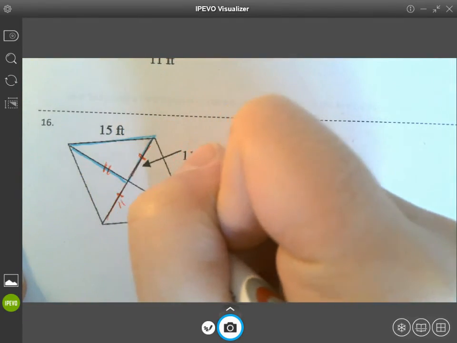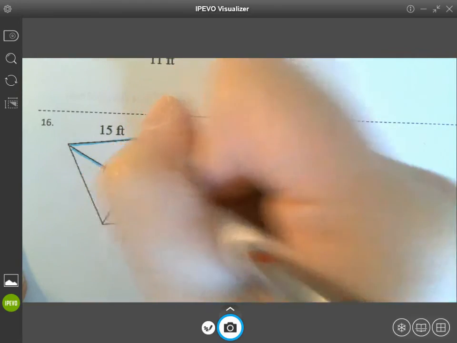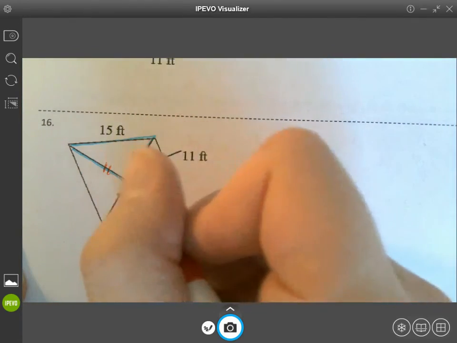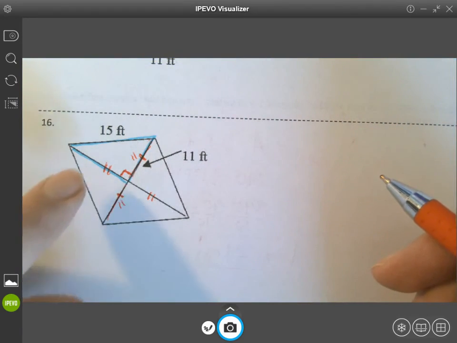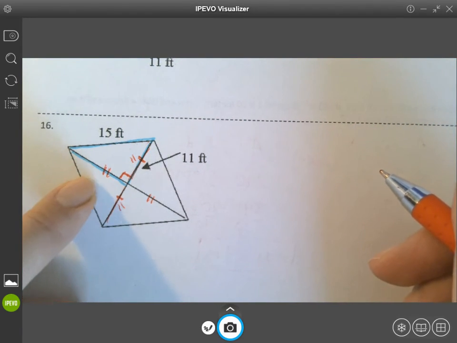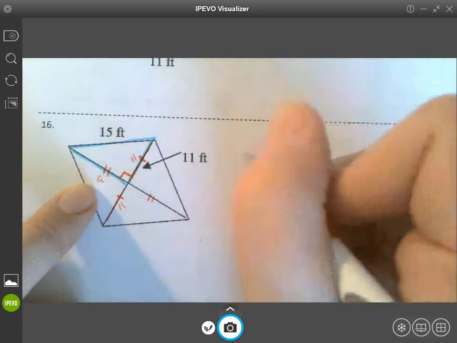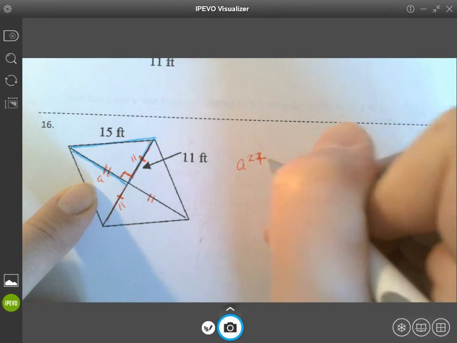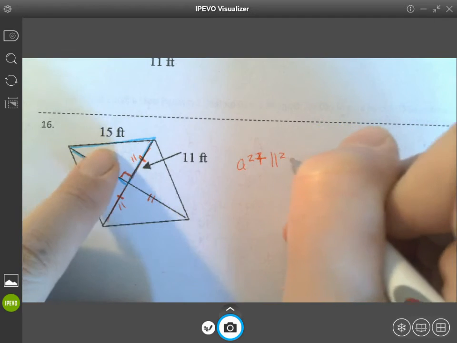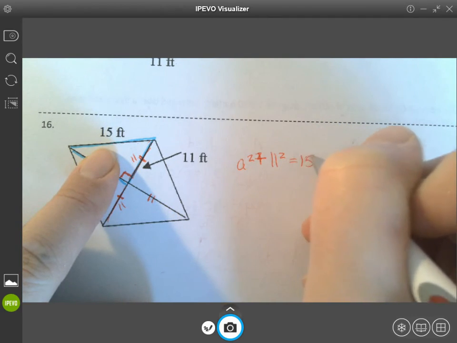That means these are equal. But if this is 11, this was a right angle, wasn't it? Didn't I say they are perpendicular bisectors? So I can find this piece, I'll call this A, as in A squared plus 11 squared equals 15 squared.